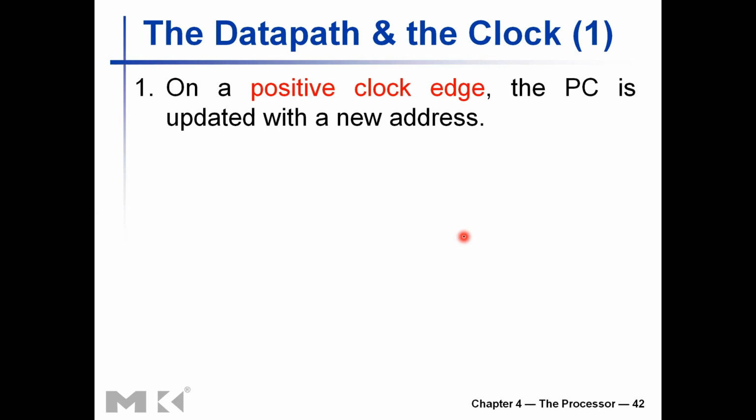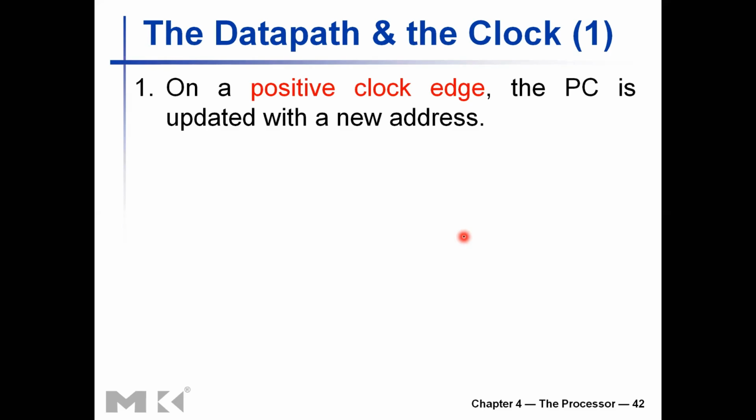All the operations in a single cycle CPU are supposed to happen within that clock cycle, from one positive clock edge to the next. Within that period, everything is supposed to complete, regardless of what instruction you're processing.